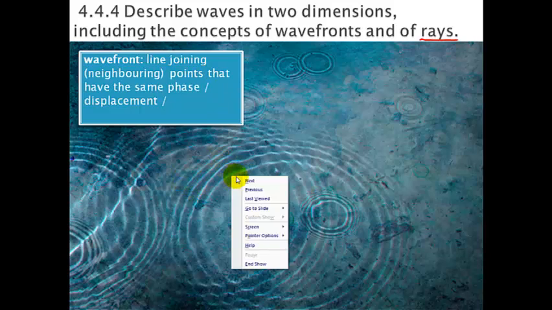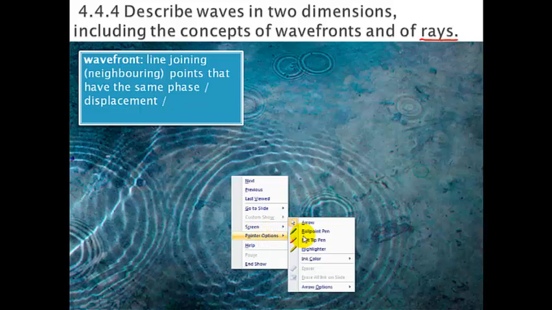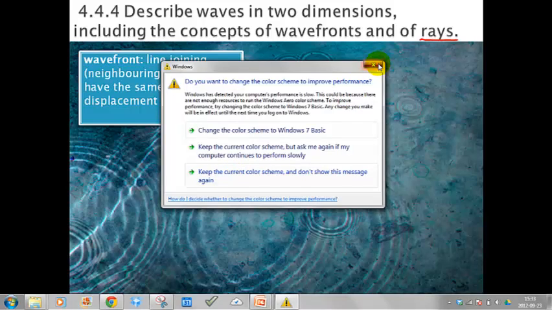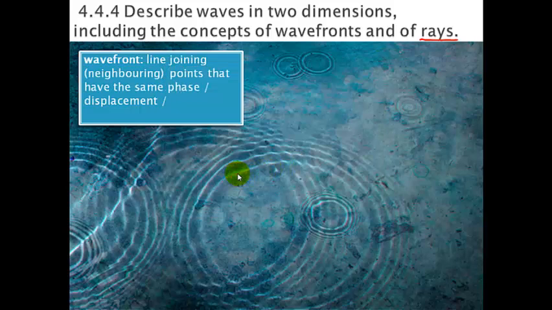This and this and this and this are all on the same wavefront. They're neighboring points and they're all in phase. This and this are not the same wavefront because they're not right next to each other. These particles are right next to each other, so they're part of the wavefront.